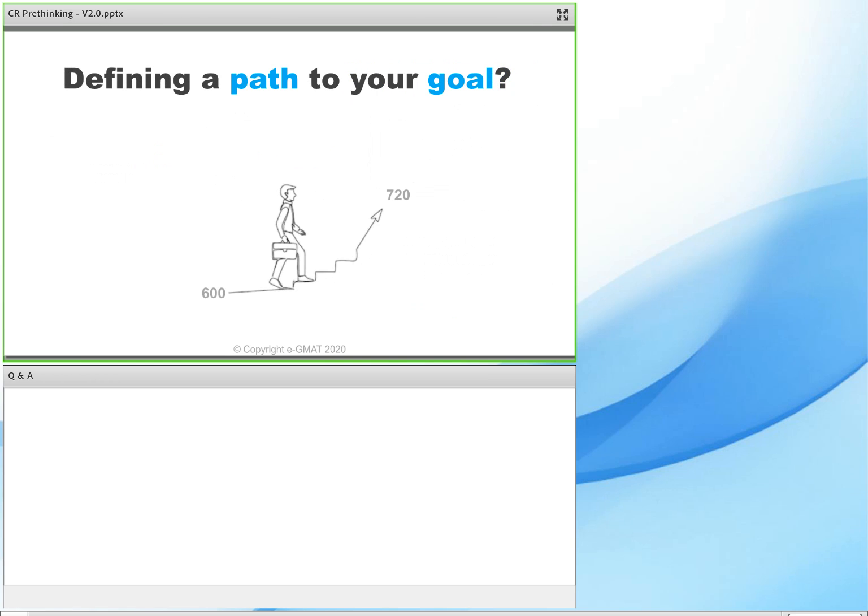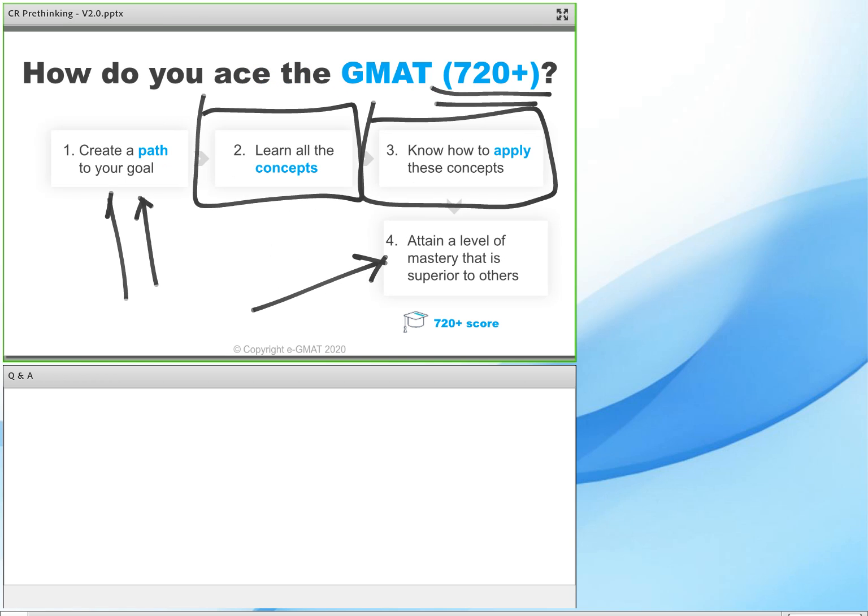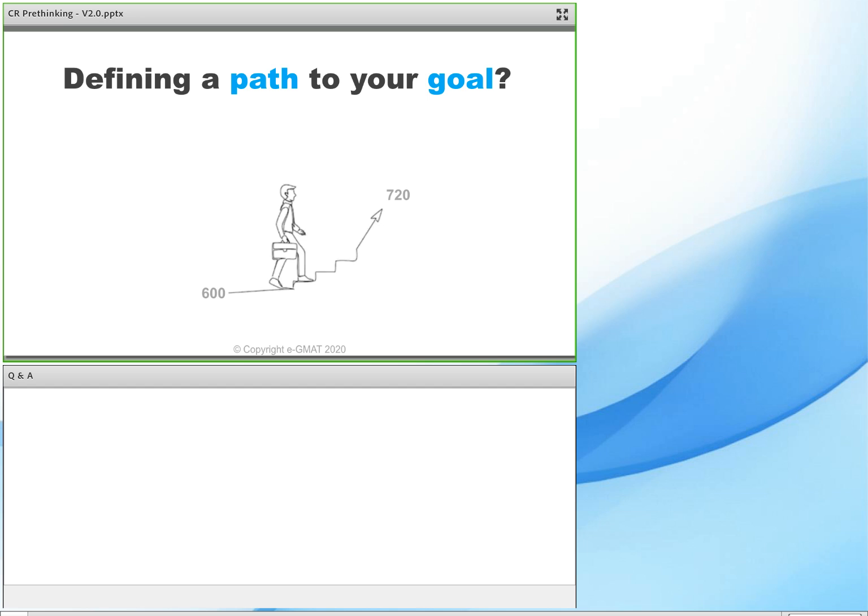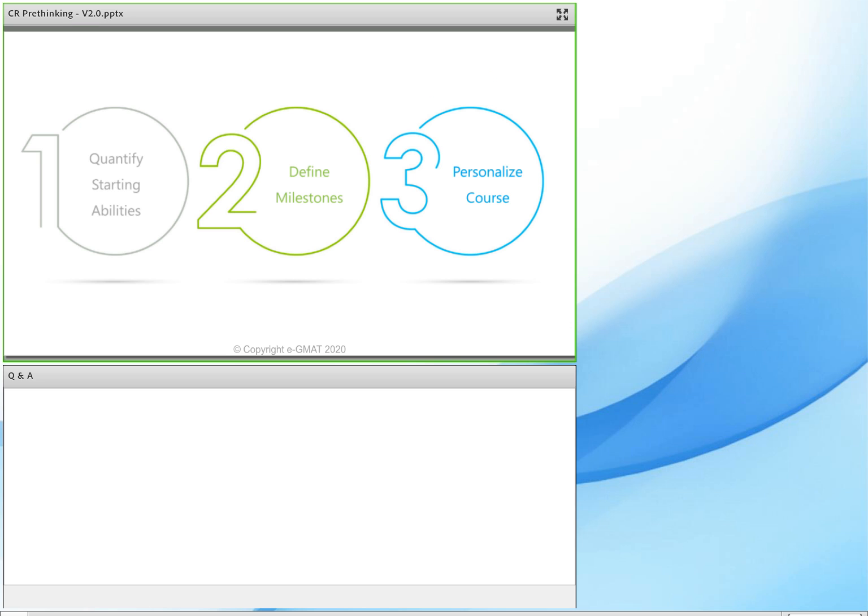So how do you define that path? How do you get to step number 1 over here? We're going to take a case study of a student who wants to go from that 600 to that 720 score. And I'm sure many of you are around these 2 marks here. So how you go about doing this is, first, you figure out where you are. You quantify your starting abilities, which is, hey, what are my abilities in sentence correction, critical reasoning, number properties, algebra, geometry?